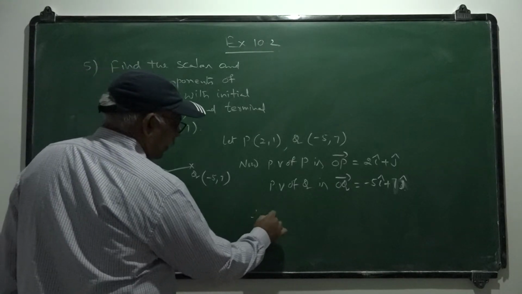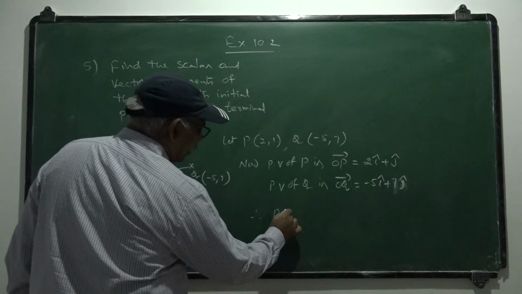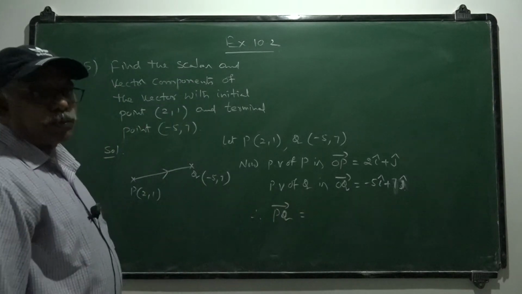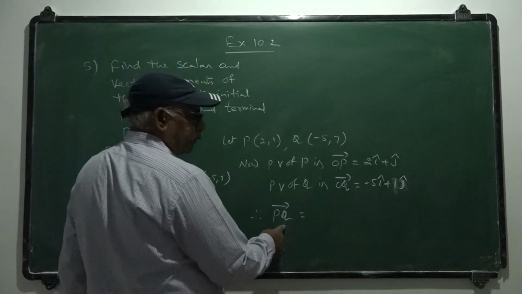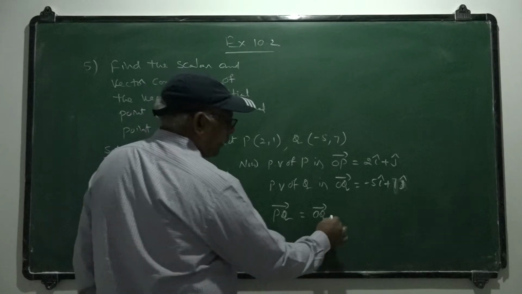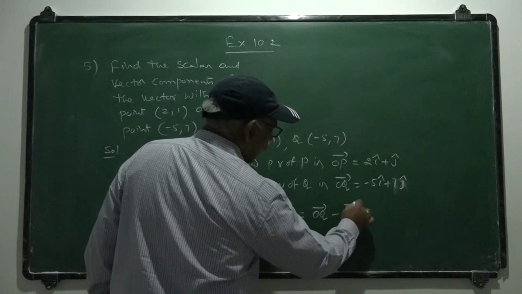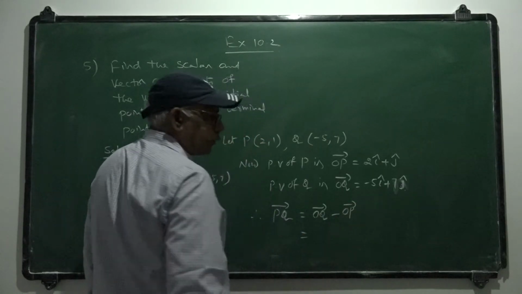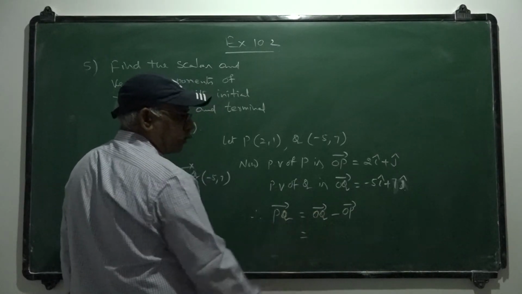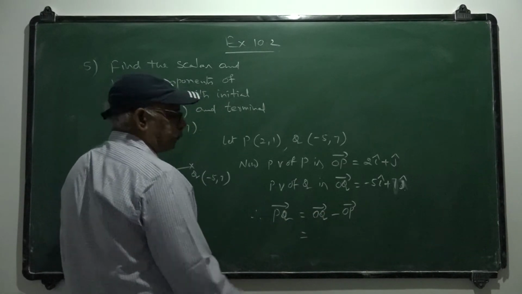Now find the vector PQ bar. PQ bar in terms of its position vectors is the position vector of tail minus the position vector of head, that is, the position vector of the terminal point minus the position vector of the initial point.